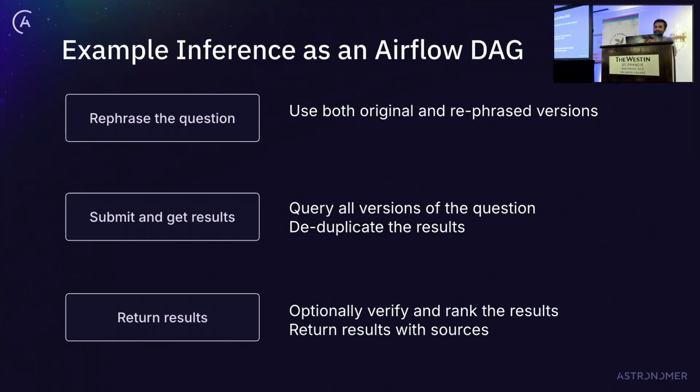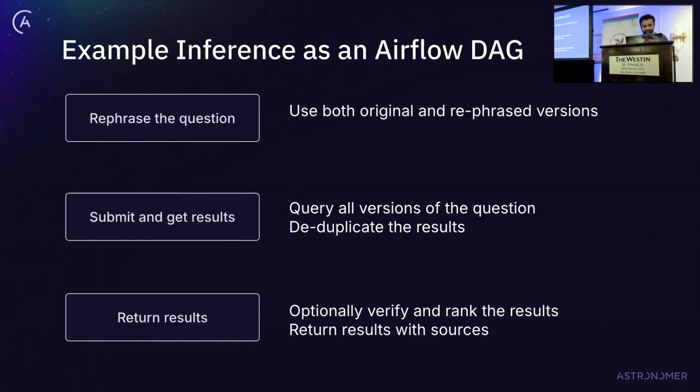So we rephrase the question, pass it on to the model and say, find the closest or most related content from the vector store for all those three things, and just collect that information before you send all the prompts to the AI model. Once it's done, submit and get results for all of them and return results after that. After you submit all of this to the AI, it will return results.